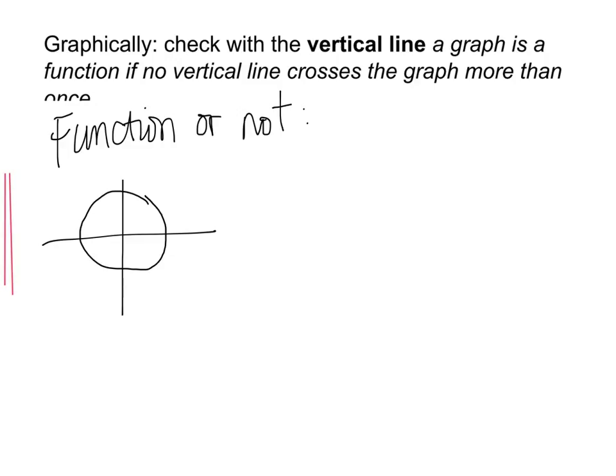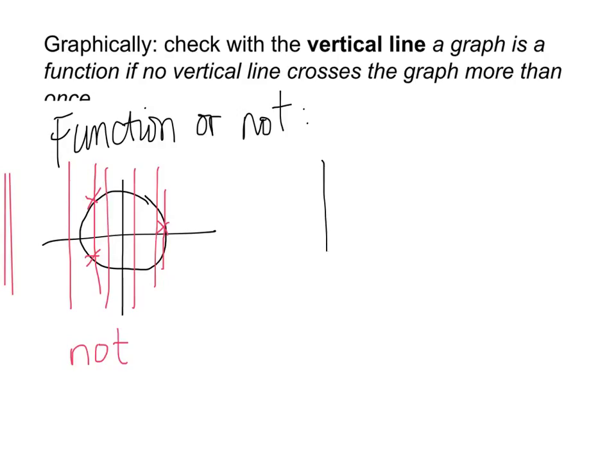We only had to have one line that fails, but as we draw vertical lines, notice that we've got vertical lines passing through 2 points. And even though I could draw it so it maybe only crosses through 1 point, it doesn't matter. So this one is not a function. It fails the vertical line test because we have at least one vertical line going through the graph in more than one spot.